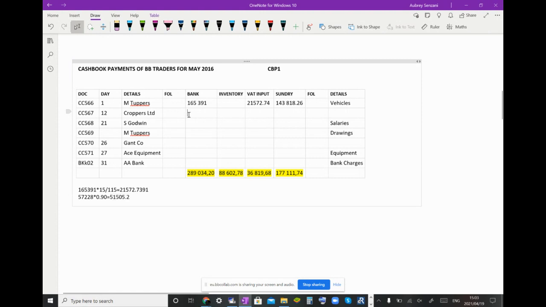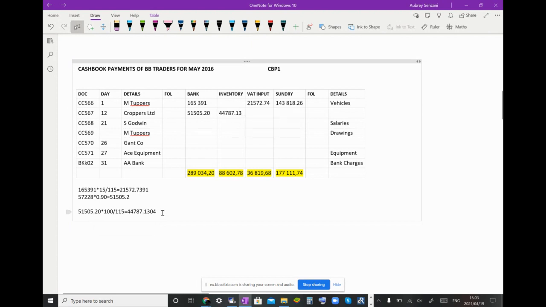So this is how much we are paying. Right? And then all we need to do is calculate the amount exclusive of VAT. So 100 divided by 115. That's going to go under inventory, because that's what we're buying here, inventory.